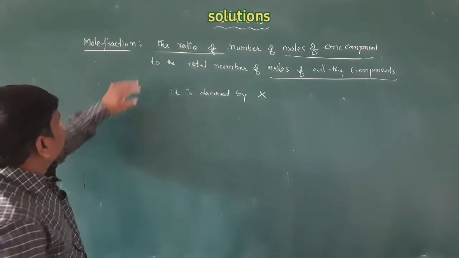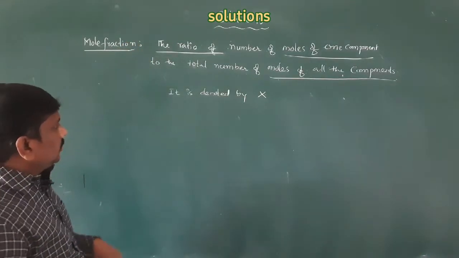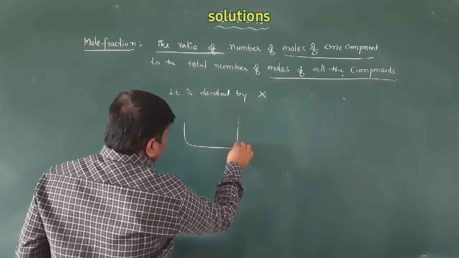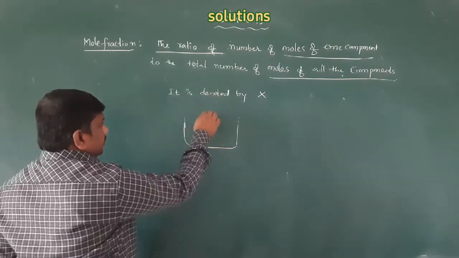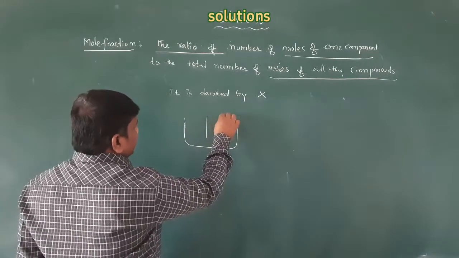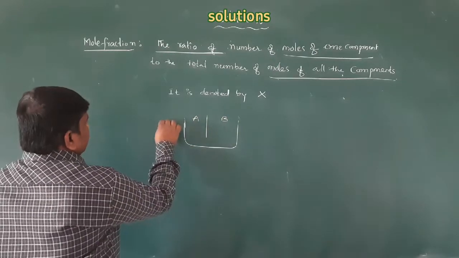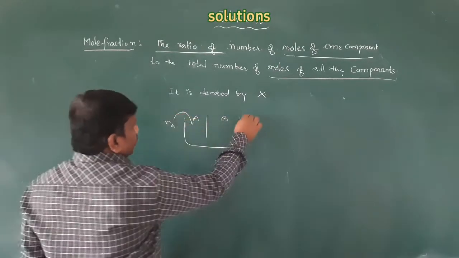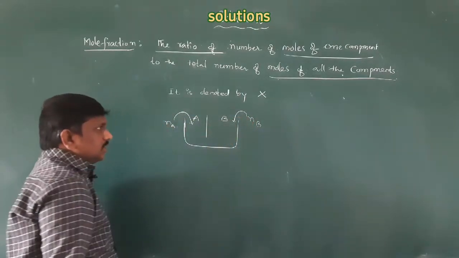For example, we have a solution in a container. In this, two components are there, A and B. So we mix a number of moles of A and a number of moles of B in the solution.